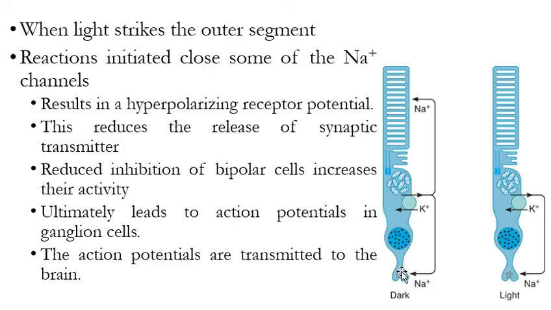So the reduction or the inhibition of release of neurotransmitters will lead to inhibition of bipolar cells. Okay, so the bipolar cells now will not have anything coming in from the photoreceptors. And ultimately, this will lead to an action potential in the ganglion, which we'll talk about very soon.